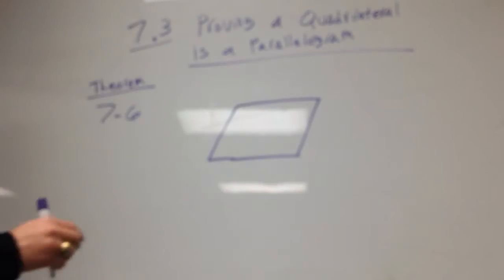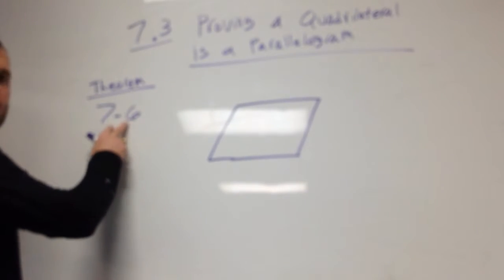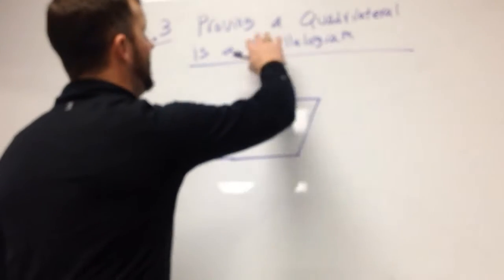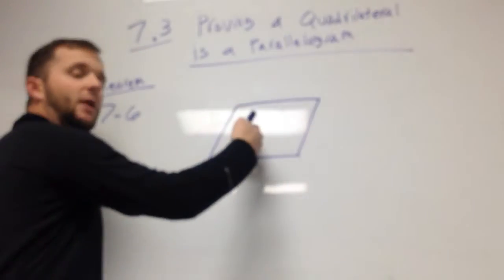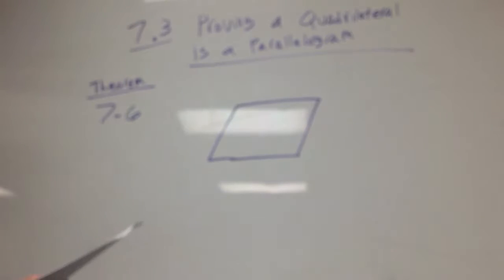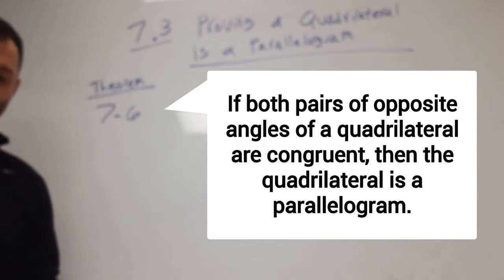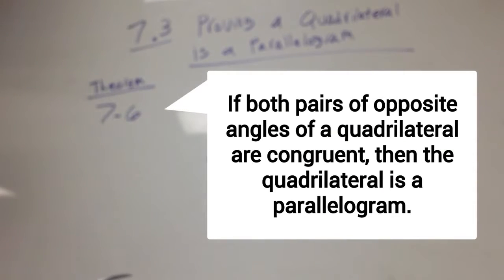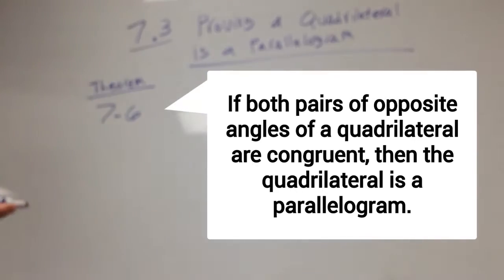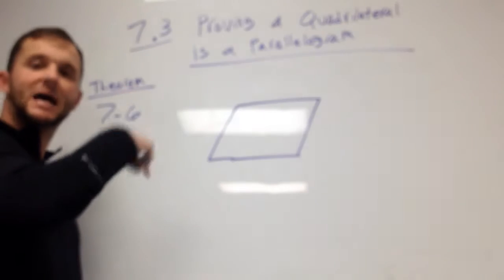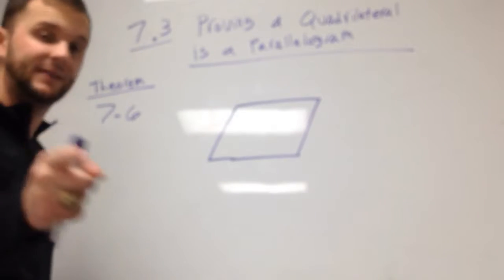Next theorem we're going to look at is 7-6, which is proving the same thing, that a quadrilateral is a parallelogram. 7-6 states, if both pairs of opposite angles of a quadrilateral are congruent, then the quadrilateral is a parallelogram. Like the last one, where the sides were congruent, now we're going to look at the angles.